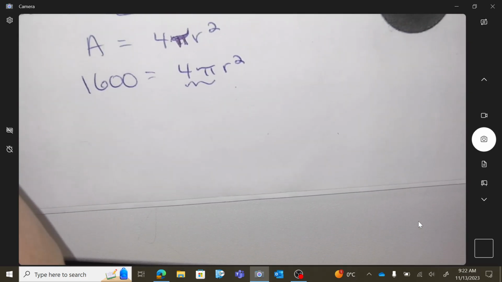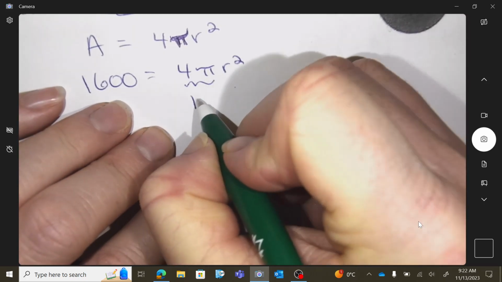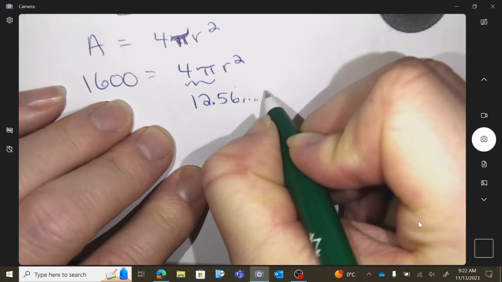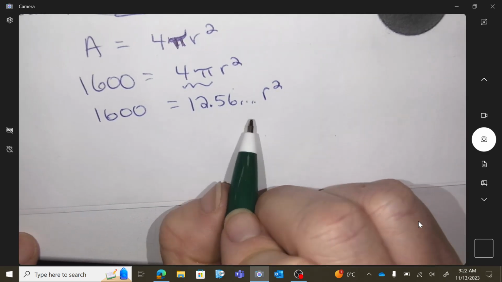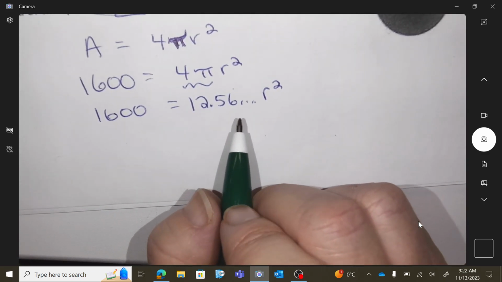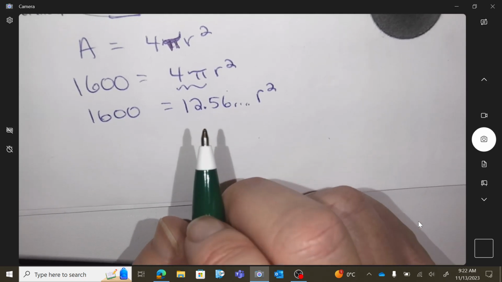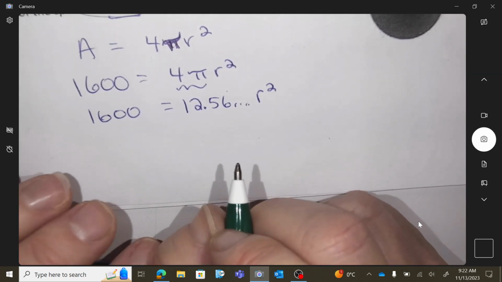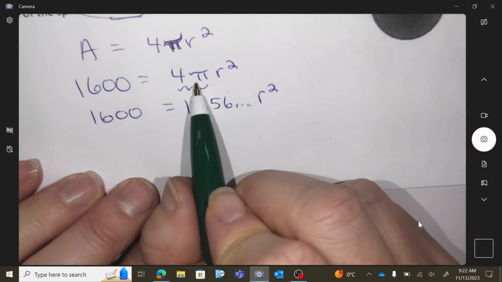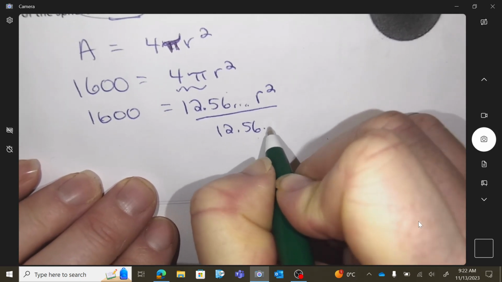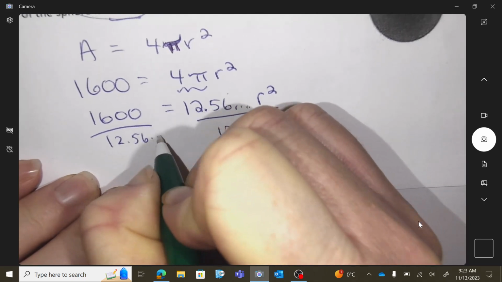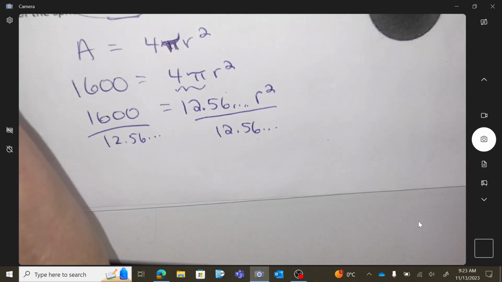So 4 times pi. So that coefficient is really 12.56. And then I'm going to divide. And I'm using my answer button every time I'm pushing something, right? So 1600 divided answer.